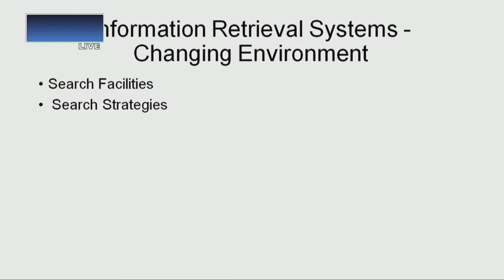Intellectual organization is very important. Now, if you talk of information retrieval systems today, if you see your course material, much of the course material is basically for manual systems, and today it is mostly automated systems.